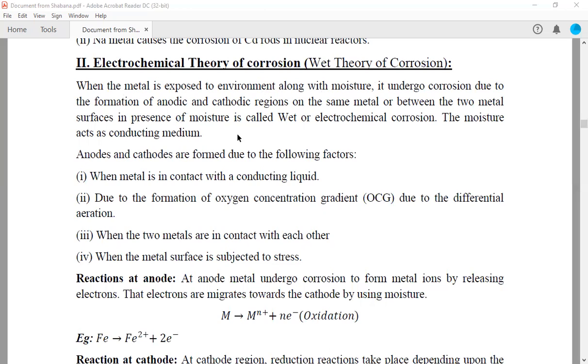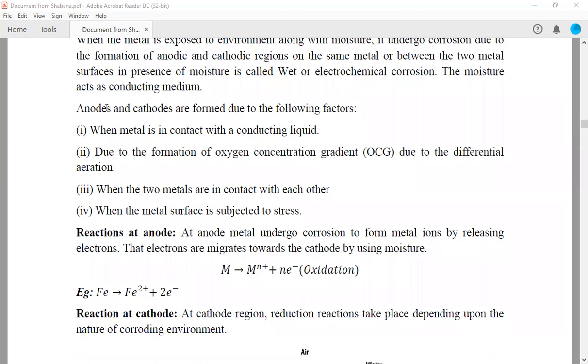Corrosion in the presence of moisture is called wet or electrochemical corrosion. The moisture acts as a conducting medium. Anodic and cathodic regions are formed due to the following factors.